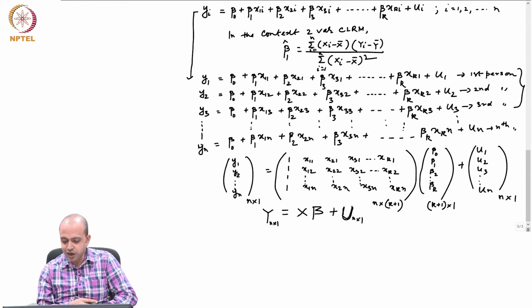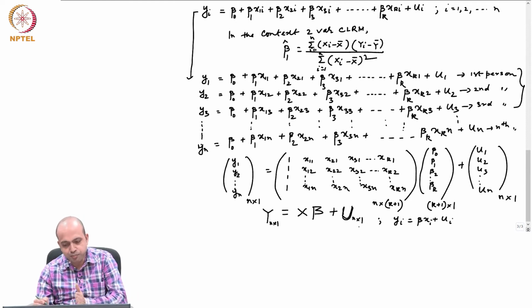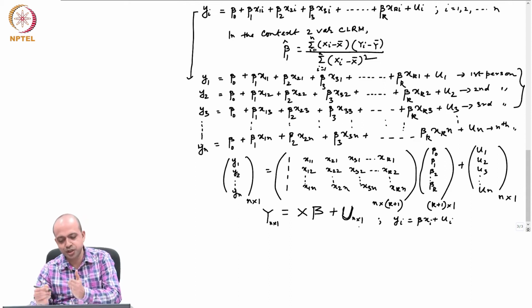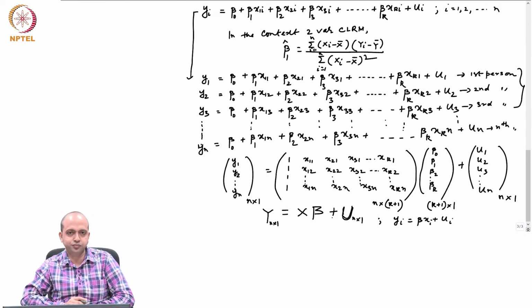Now, if you compare this with the format we were discussing, yi equals beta x plus u, you can observe the difference. Here it is beta x plus u, but when you represent this in a system of equations, then write it in matrix notation, and then ultimately express it in the most precise fashion, you will get y equals X beta plus u.